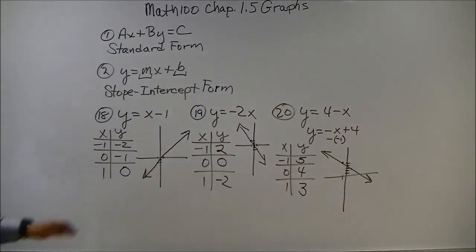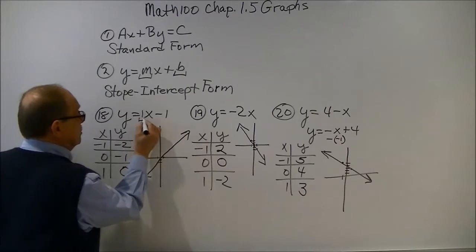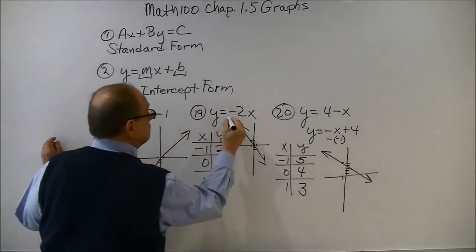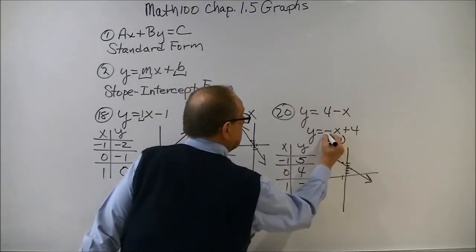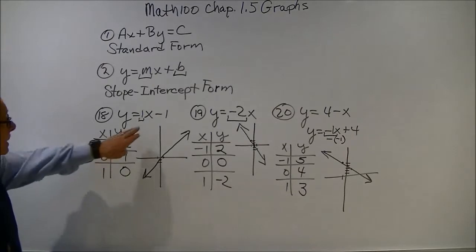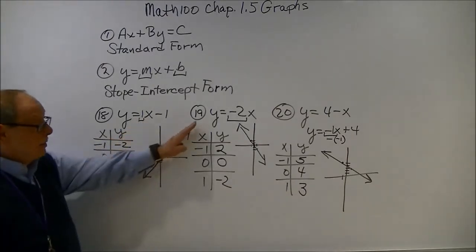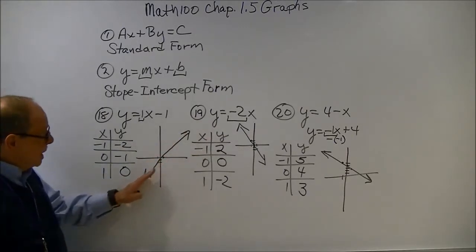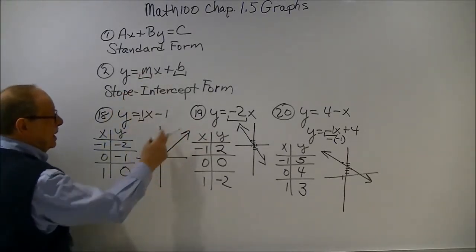Now, an interesting thing as we look at these 3 graphs, that again, over here was the slope, and in this case the slope was positive and the graph goes up. Anytime you see a graph going up like this, its slope is positive.